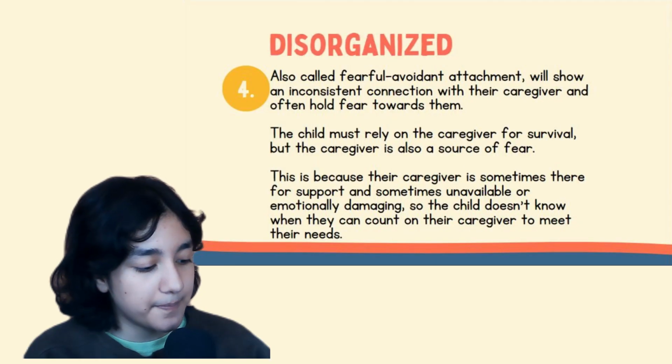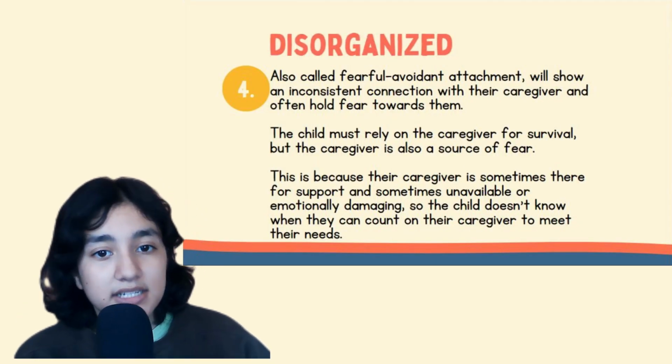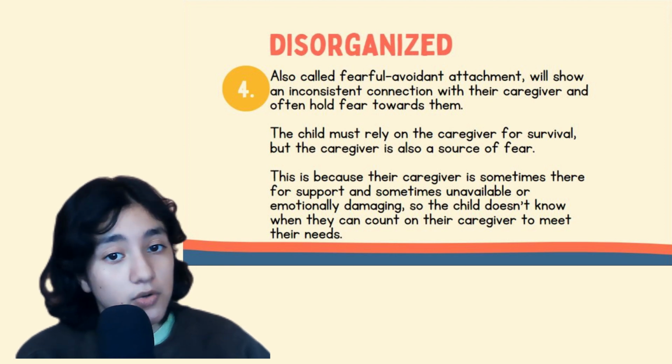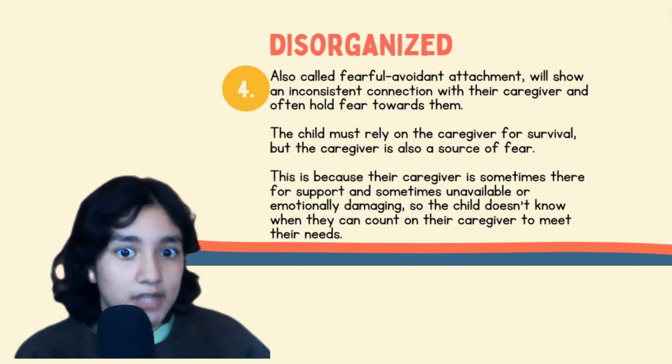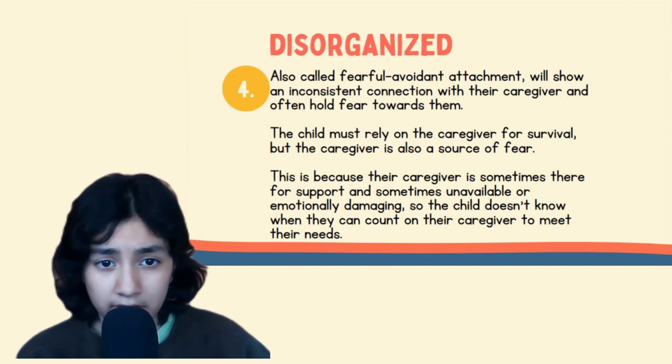Anyways, last one. This is going really good. I'm really productive today. Disorganized. Also called fearful avoidant attachment, will show an inconsistent connection with their caregiver and often hold fear towards them. The child must rely on the caregiver for survival, but the caregiver is also a source of fear.